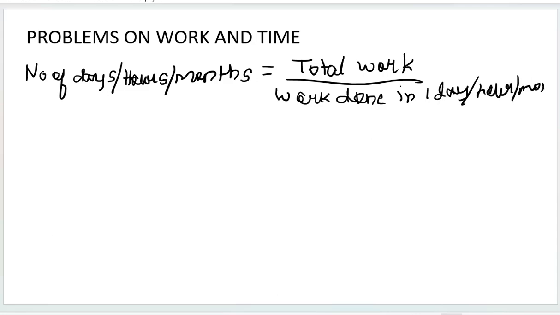It depends upon the unit of the problem. If the problem involves days, you have to answer in terms of days. If the problem involves hours, you have to answer in terms of hours. And if the problem involves months, you have to answer in terms of months.